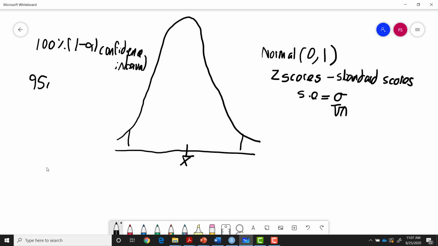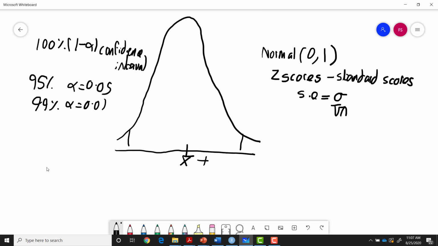So for 95%, my alpha is 0.05. For 99%, my alpha equals 0.01. Now, as our percentage confidence gets bigger and my alpha gets smaller, my confidence interval gets wider. If I need to be more confident, I need to cover a wider area.